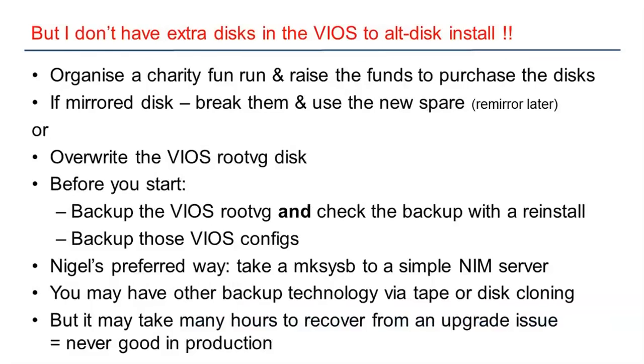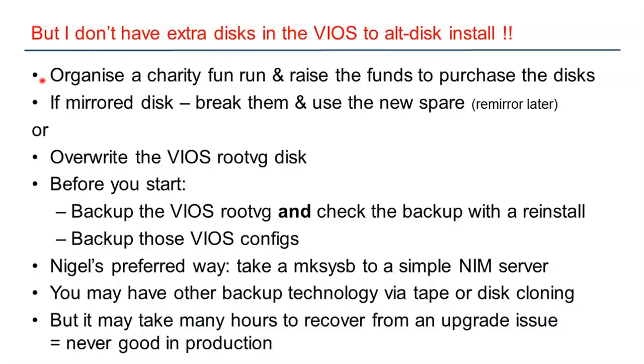Moving on. Right. Now, you may ask me, but I don't have an extra disk to do an alt disk install. And I strongly recommend the IT team organize a charity fund run to raise funds to purchase some extra disks. Having the alternative disks, particularly my testing, actually saved my life 100 times.